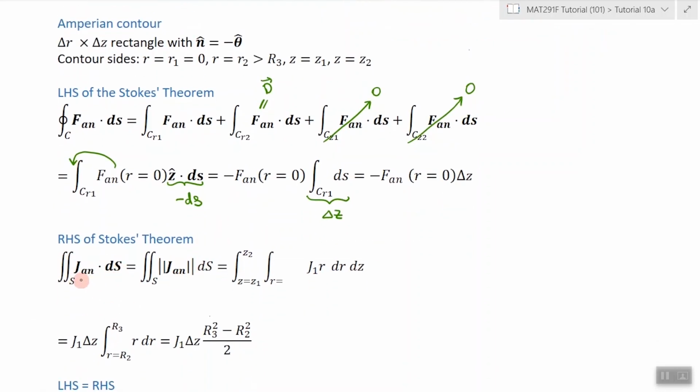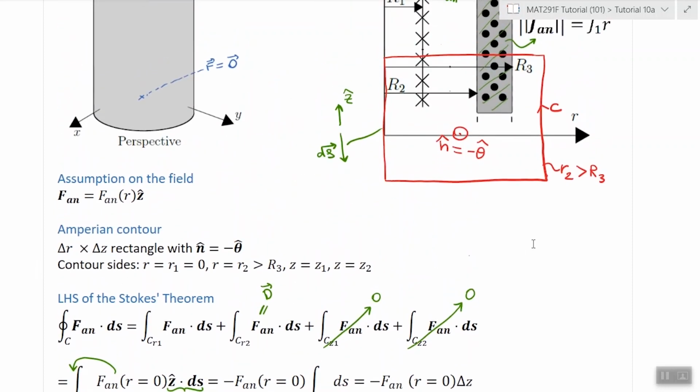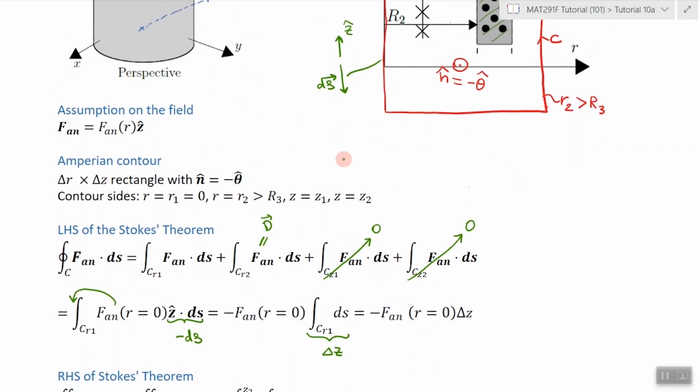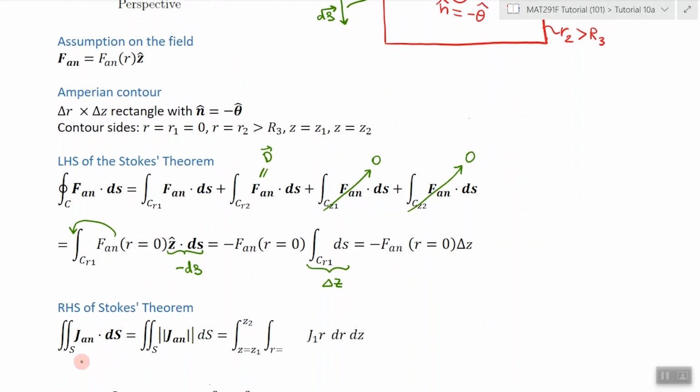So then this total flux is equal to this. The way I got this is as follows. We have our current density going out of the page, right? So when we evaluate this dot product, we have the magnitude of J annulus, magnitude of ds, times the cosine of the angle between the two vectors.